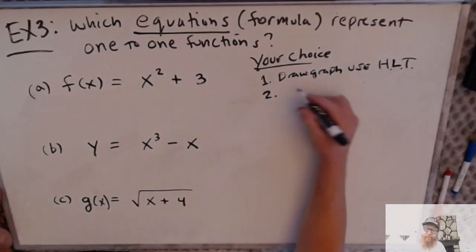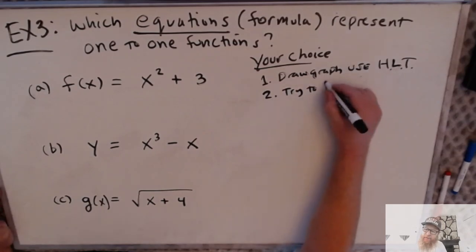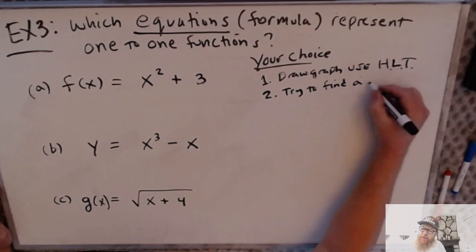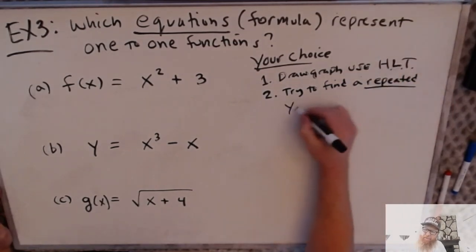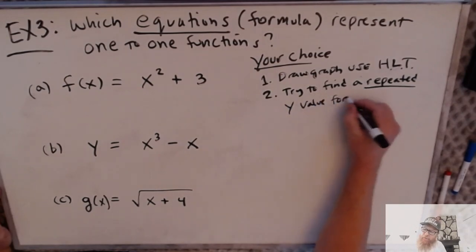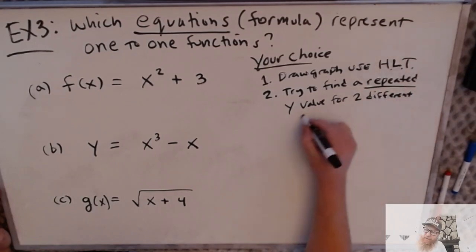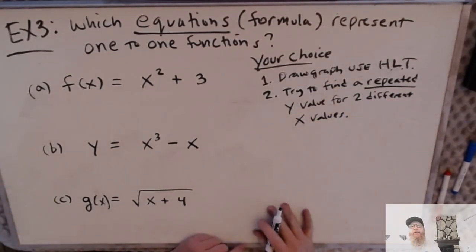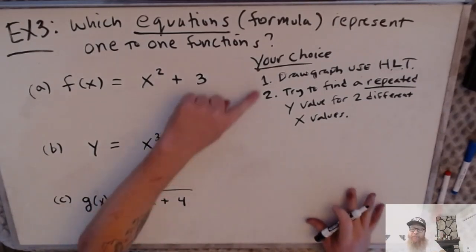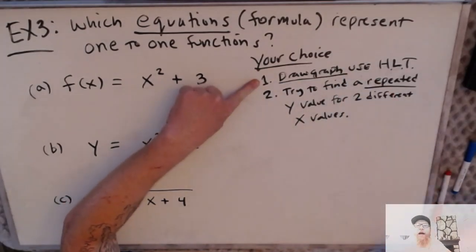Or two, you could try to find a repeated y value for two different x values. Now, sometimes the first method is the easiest method if you already know how to draw the graph.